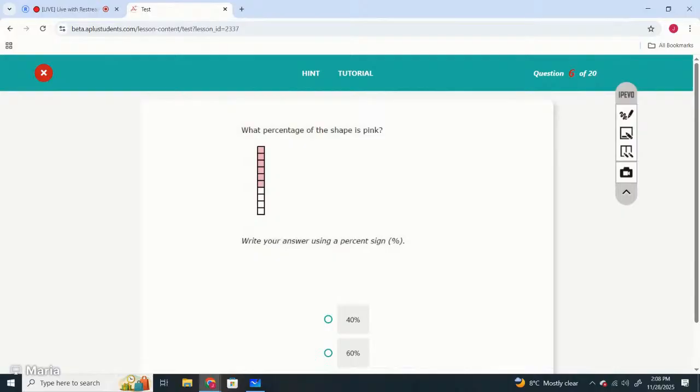What percentage of the shape is pink? 60%. Option number 2 is the correct option.